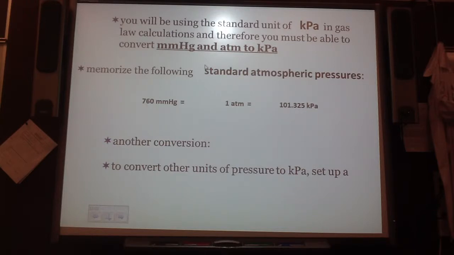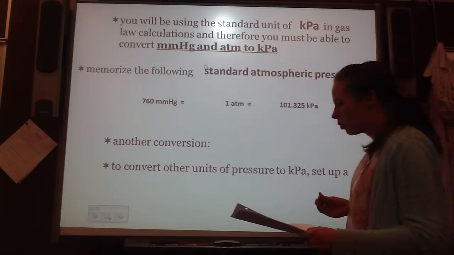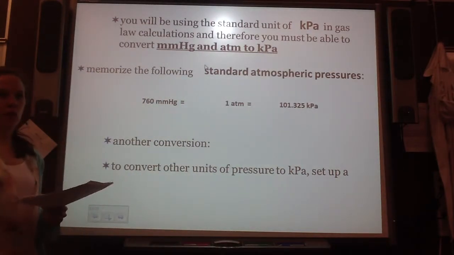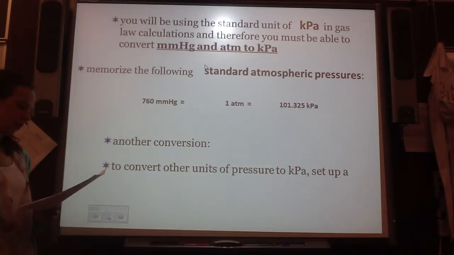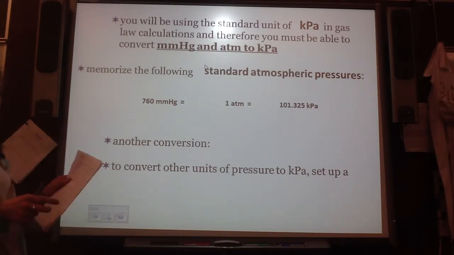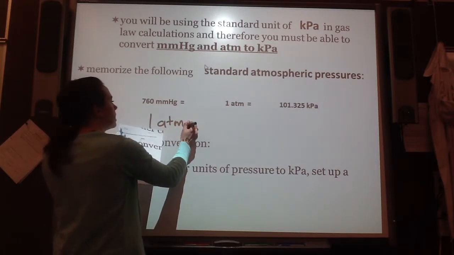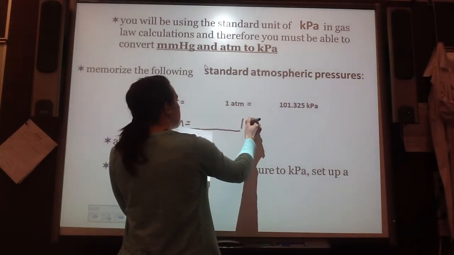When you fill that in, take out your memorization sheet, and we'll fill it in. Your memorization sheet is just in a little bit of a different order though. So, your memorization sheet starts with 1 ATM is equal to blank kPa.